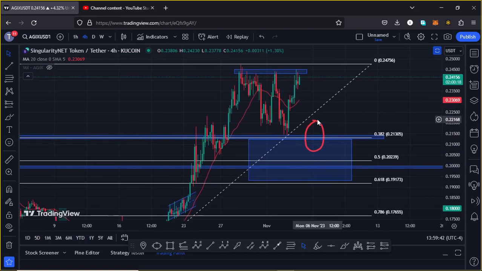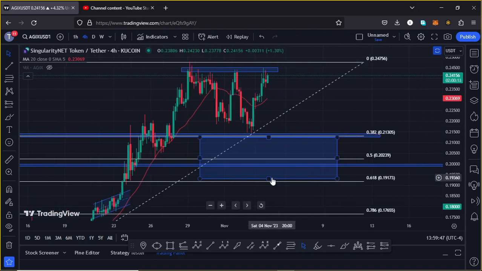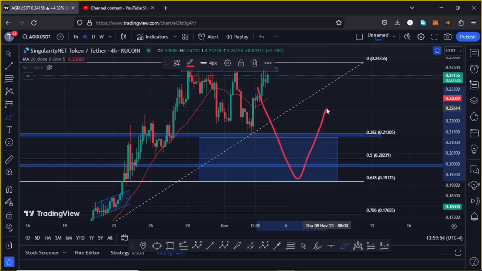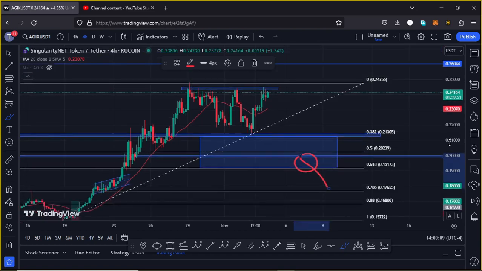And this is the area within which we can expect further pullback to get us into, find support, and once we find support within this area, we should be able to see a recovery to the upside, breaking above significant areas of resistances. And the worst case scenario is that in case we lose the fib level 0.618 or maybe break out of this blue target area to the lower side, then the last line of defense is at the fib level 0.78, and that is at around the $0.1765 mark.